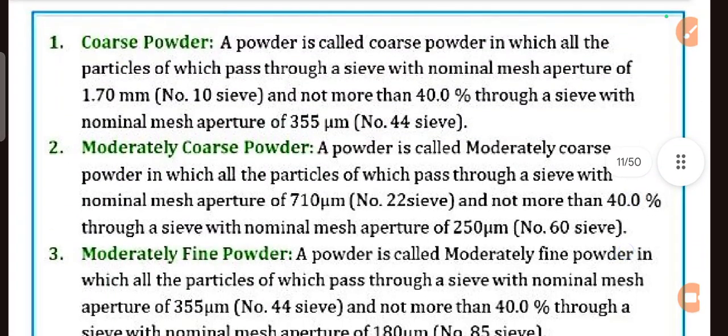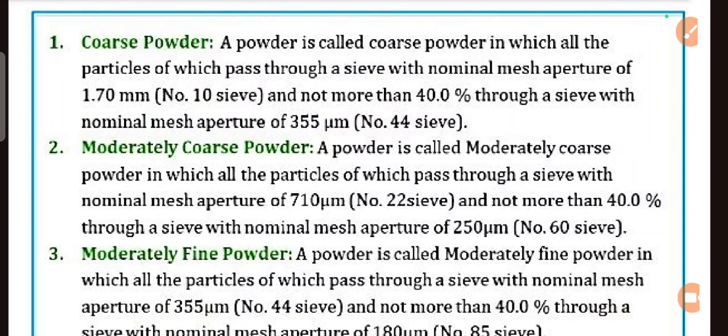A powder is called coarse powder in which all particles pass through a sieve with nominal mesh aperture of 1.70 mm, number 10 sieve, and not more than 40.0% through a sieve with nominal mesh aperture of 355 micrometer, number 24 sieve.